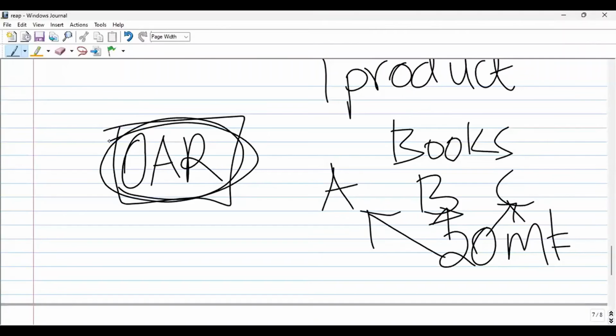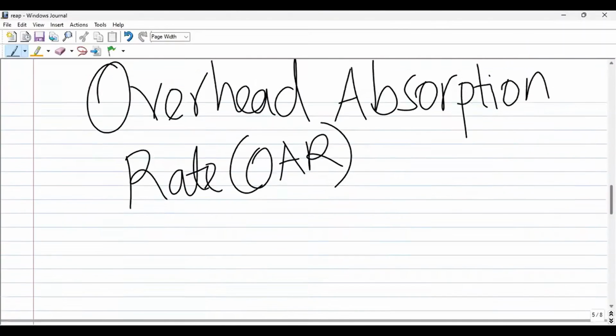Without an overhead absorption rate, I'll not be able to allocate my overheads to the different products or services.